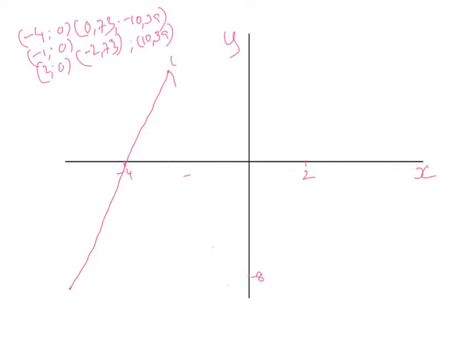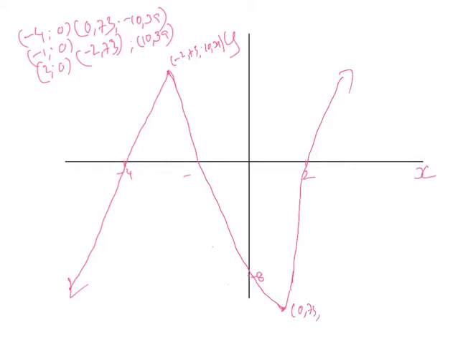So here it is coming down, negative 1. So this is going to be a second turning point, and then I turn up. So this is my graph, my second turning point and my first turning point: (-2.73, 10.39) and (0.73, -10.39).